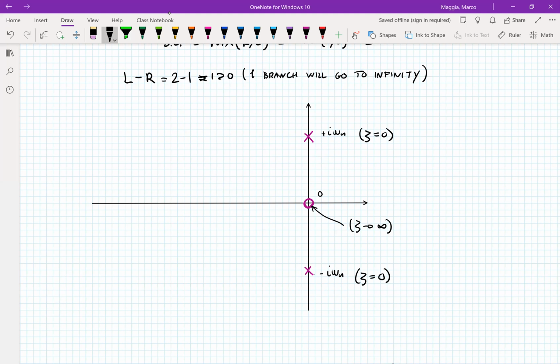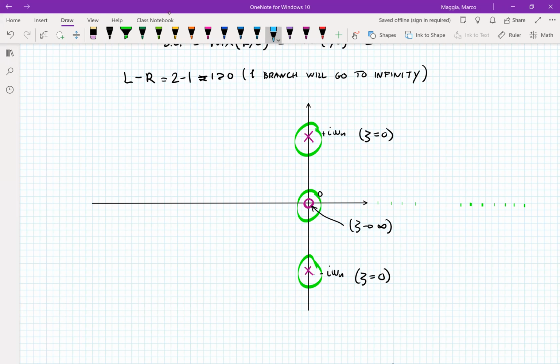Now let's highlight the segments of the real axis that belong to the root locus. So let's start from very far right and start sweeping to the left, where we're not encountering anything until we hit the imaginary axis. All of a sudden we have 1, 2, and 3.